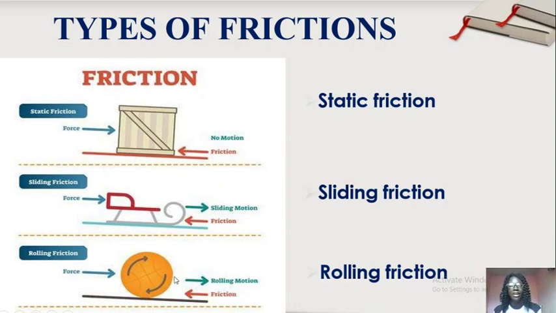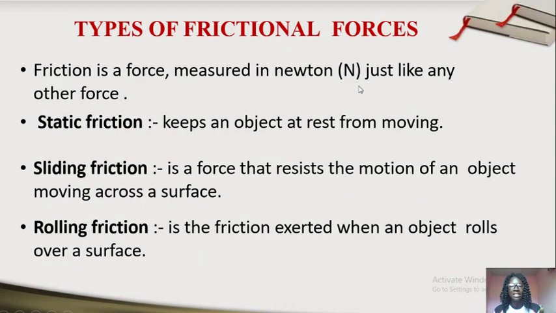So we're going to look at them one after the other, and we're going to see examples of them. Before then, I also always say that friction is a force, and since it's a force, it has the same unit as force. So since the unit of force is the Newton, we can also confidently say that the unit of frictional force is also the Newton. Static friction is a type of force that keeps an object at rest.